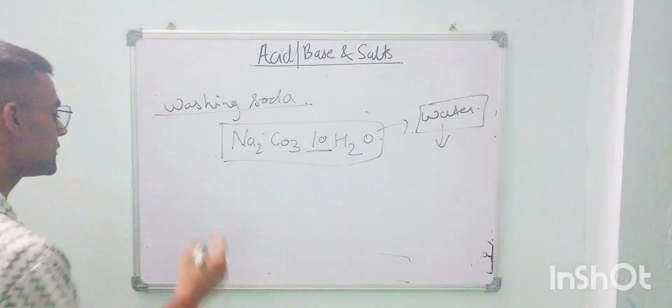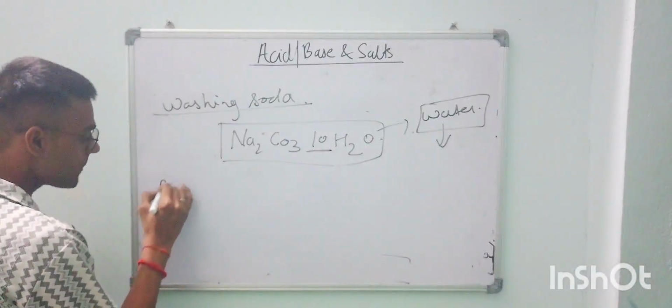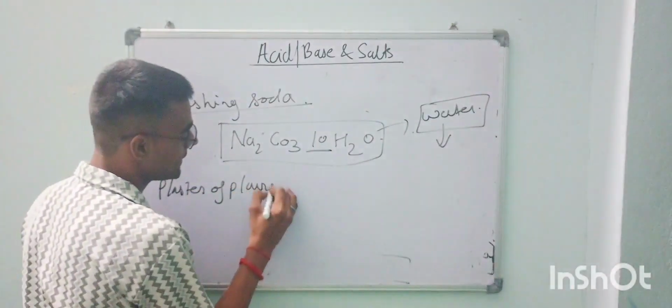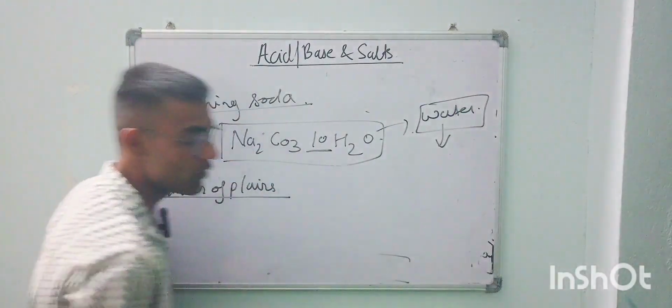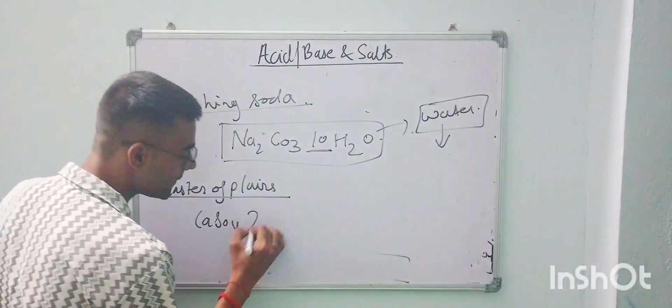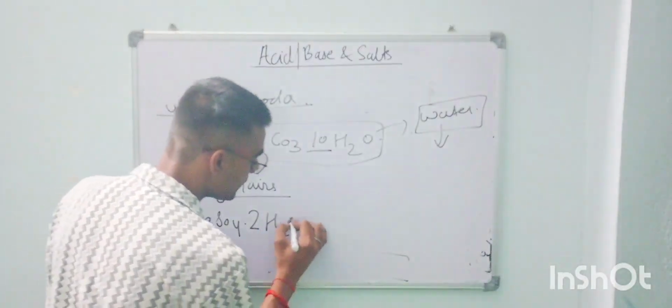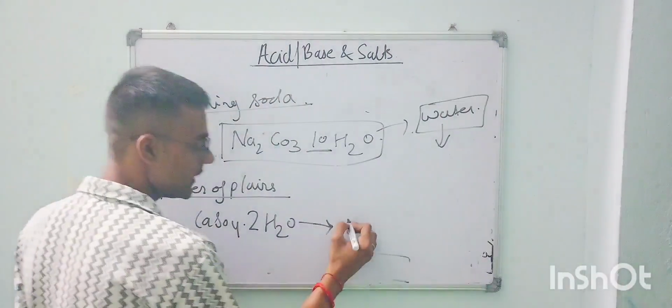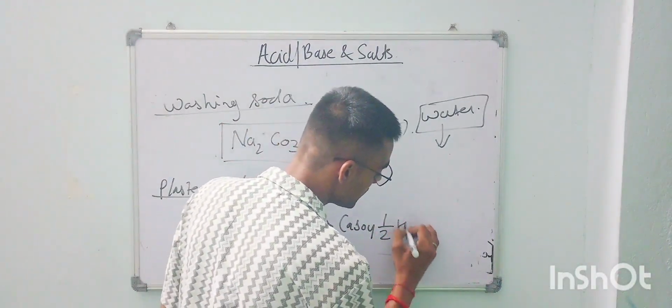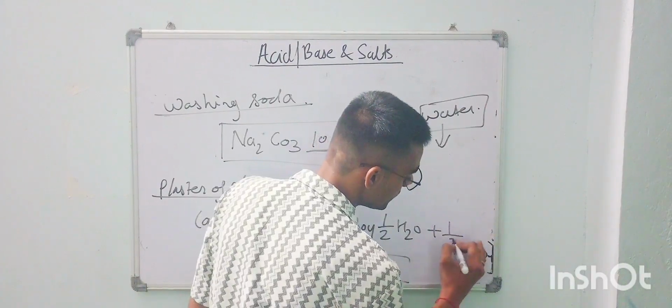And next we are talking about plaster of Paris, the last one. Calcium sulfate with two waters, when it reacts, gives calcium sulfate plus half H2O.